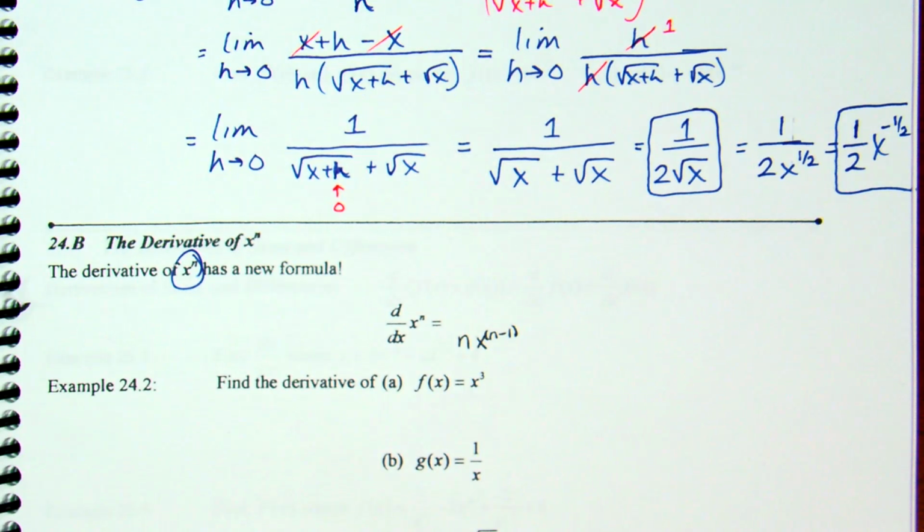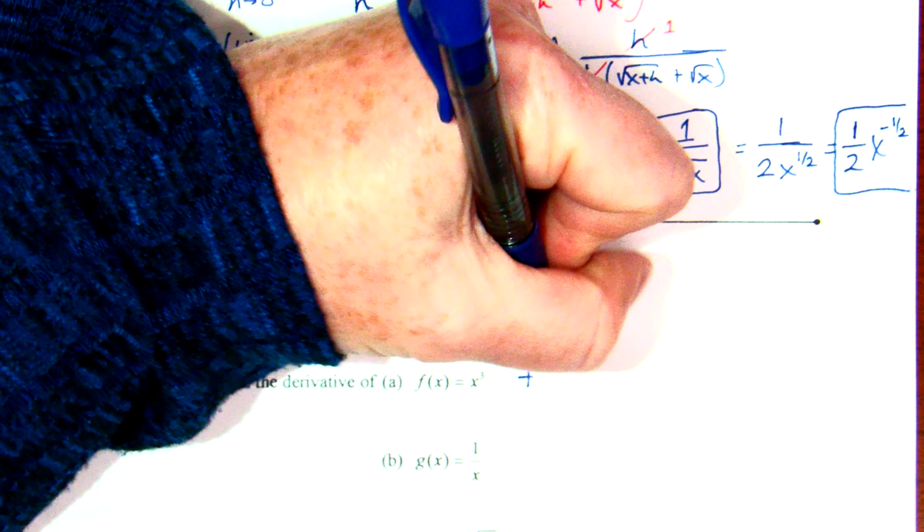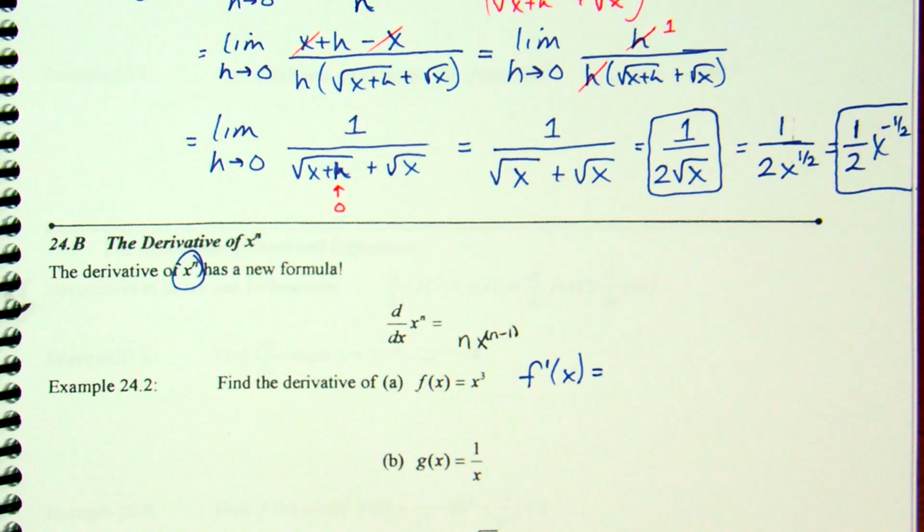So, example A. f of x is x cubed. Now, we could do the definition of derivative if you want. Kind of overkill. We can also just use our rule. So, if f of x is x cubed, f prime of x: my n value is 3. So, what happens?